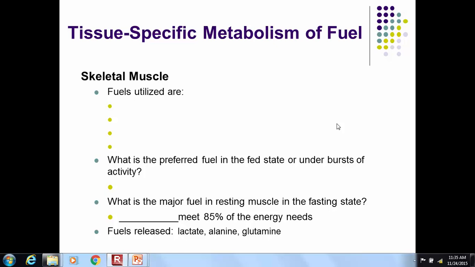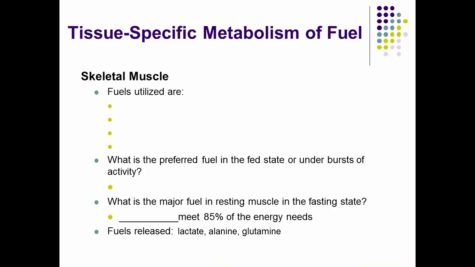So now, skeletal muscle. The fuels that can be utilized in the skeletal muscle: almost all types of metabolic fuels can be oxidized in the skeletal muscle, including glucose, fatty acids, including either stored or circulating.